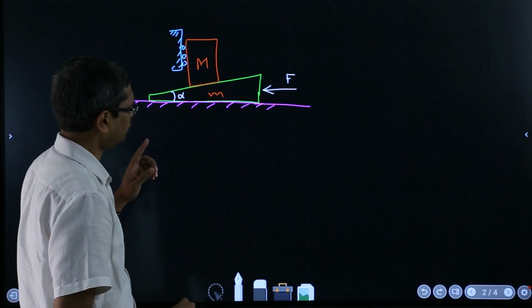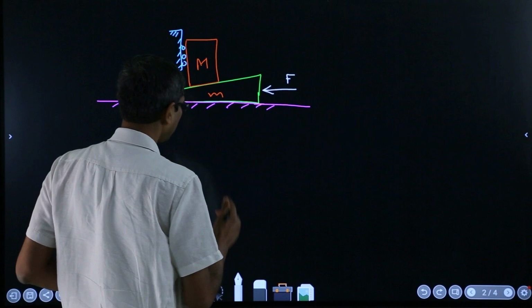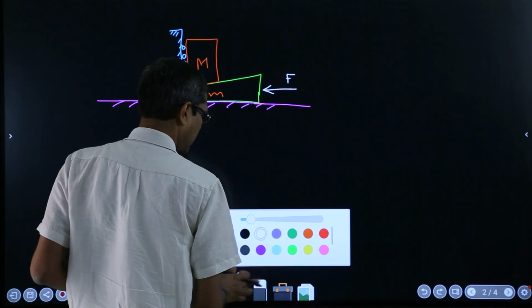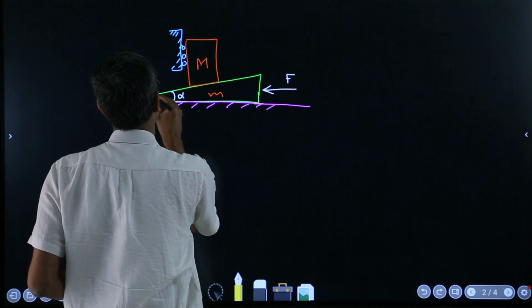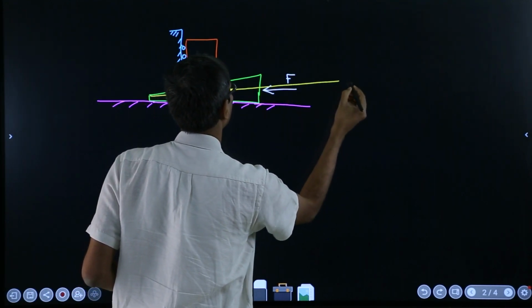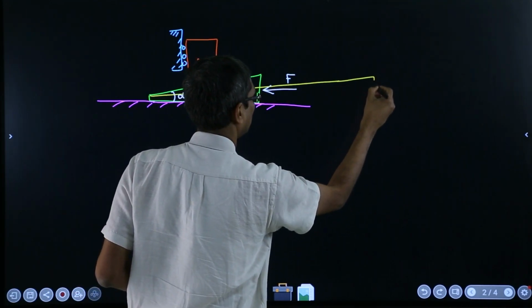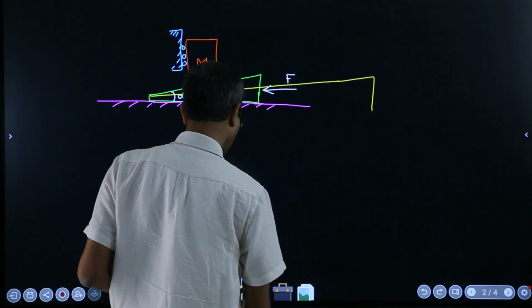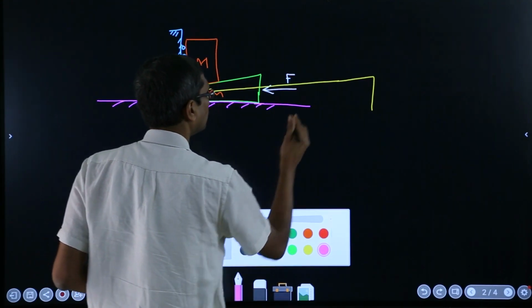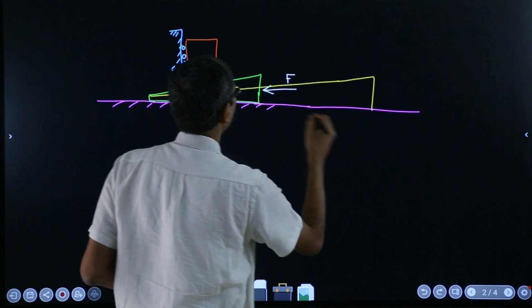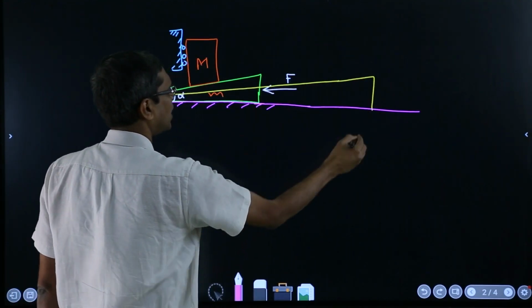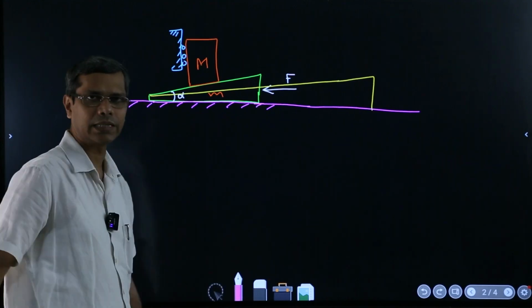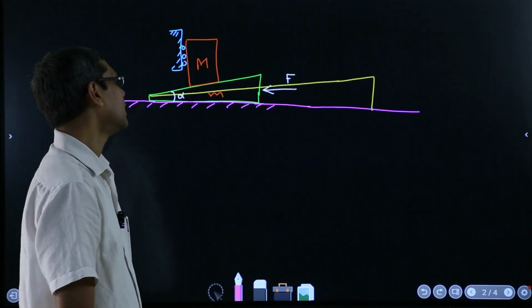So now if I draw a smaller angle alpha, maybe it will go like that. To go up to the same height, I now require a larger length of the wedge.